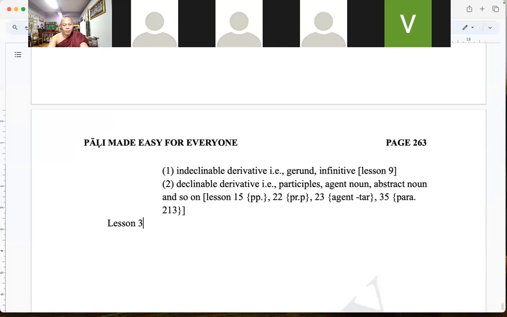Lesson 36 is syntax, or cases. Syntax means usage also.